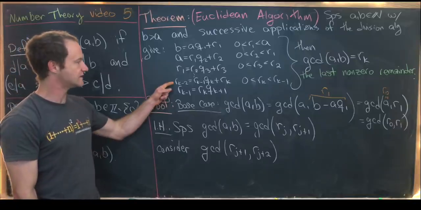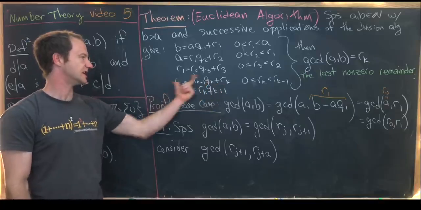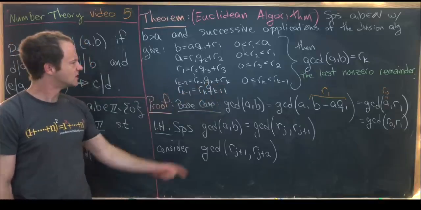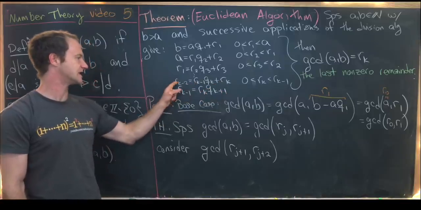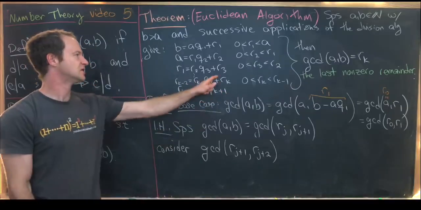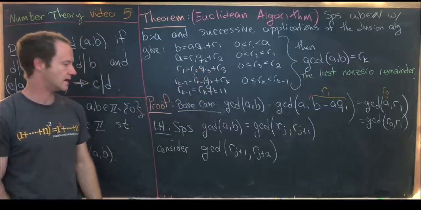Well, we can use one of these equations to solve for Rj plus 2 in terms of lower terms. So notice this could solve Rk in terms of Rk minus 1 and Rk minus 2, just like this could solve R3 in terms of R2 and R1.